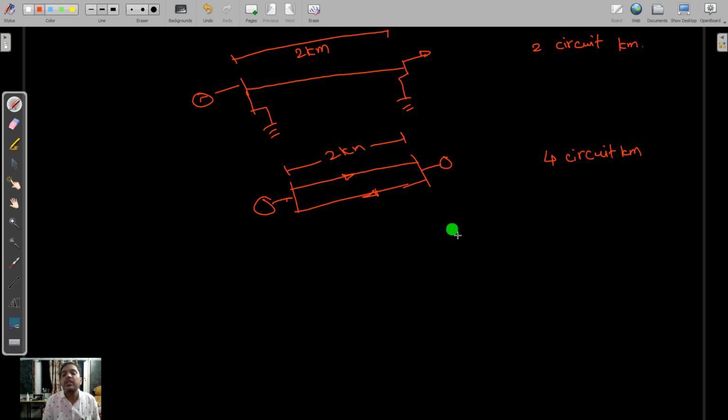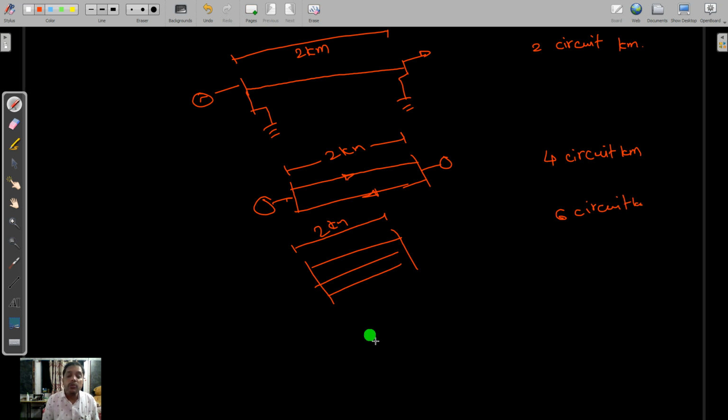In a three-phase line, suppose the total physical length is 2 kilometer, then it is called 6 circuit kilometer. Now suppose we have a three-phase double circuit line. Many times you see such towers, and on this tower you will observe that this is the three-phase line.